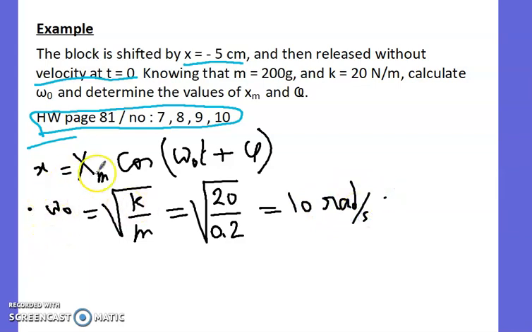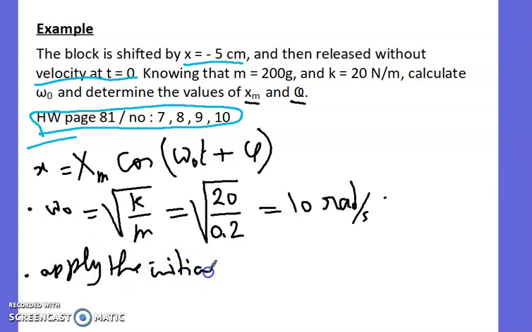Now we want to find xm and phi. The two constants, known in mathematics as arbitrary constants, are determined by applying the initial conditions always. Clear? So to determine xm and phi, we have to apply the initial conditions.